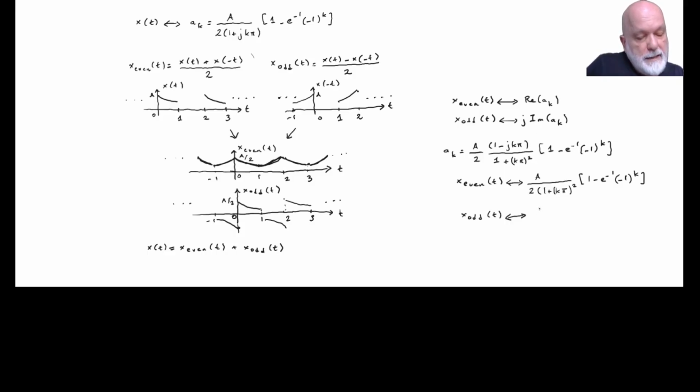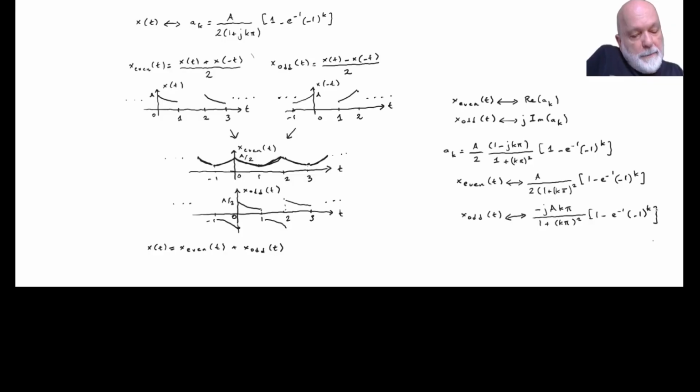So it is minus j a k pi divided by 1 plus k pi squared, times 1 minus e to the minus 1 to the power k. Okay, so these are the Fourier series coefficients of the even and odd part.